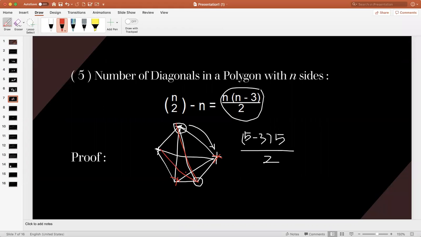So in order to get rid of the overcounting, we have to divide everything by 2. Then everything is only counted once. So we could compute this value, which is equal to 5, for a total of 5 diagonals in this polygon of 5 sides. If we generalize it to n sides, the formula will be n times (n minus 3) divided by 2.